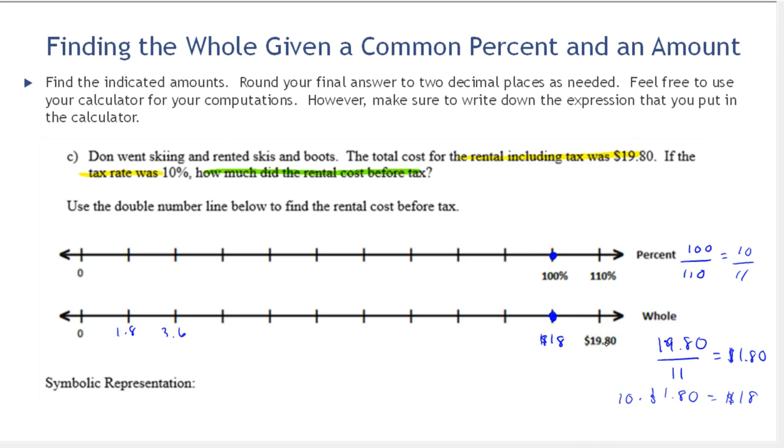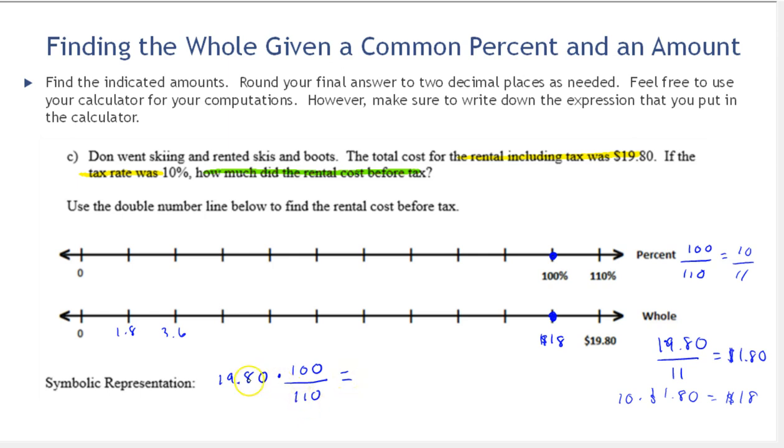Okay, so symbolically, just like the last ones, you take the amount you're given, $19.80, and you're going to multiply by the percent you want, which is 100%, over the percent you're given, which in this case was the 10% tax plus the 100% for the cost. Okay.